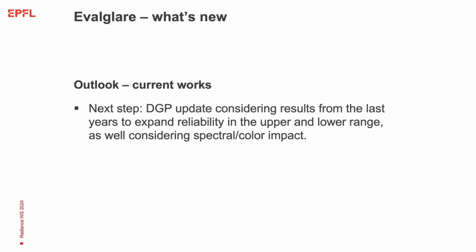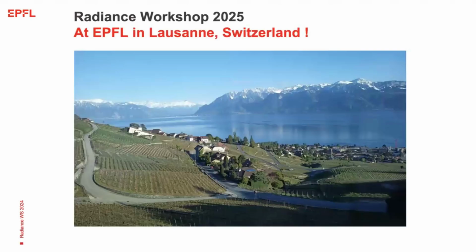And another reason why Andy and Greg invited me is to announce something about the Radiance workshop next year. So the workshop just started here, and we talk already about the next one. There is the idea that we have it in Lausanne.